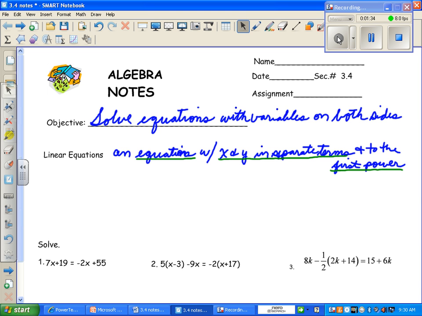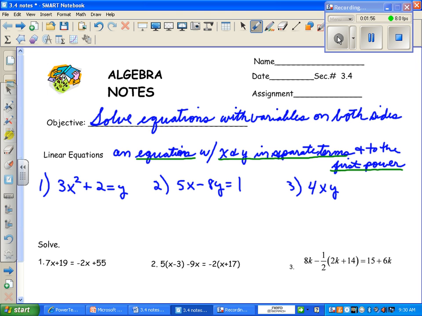So let me give you three examples and you tell which one would be linear. The first one, 3x squared plus 2 equals y. Second one, 5x minus 8y equals 1. And third one, 4 times x times y equals 10.